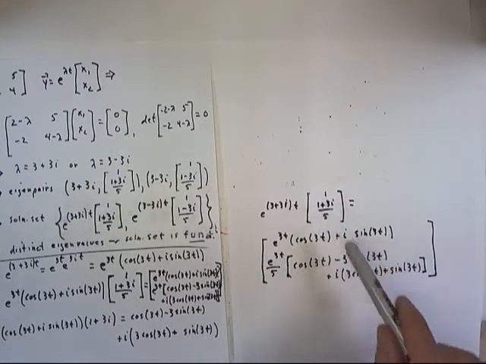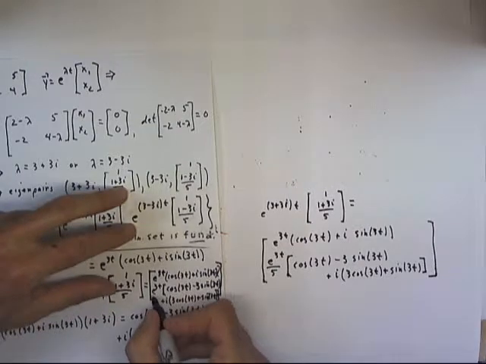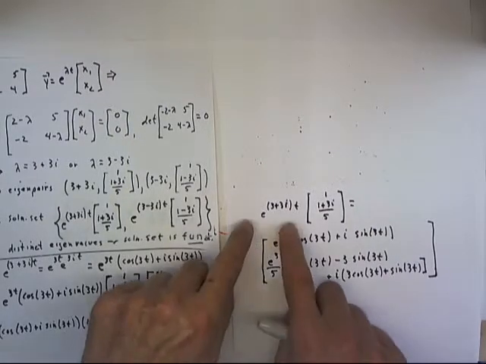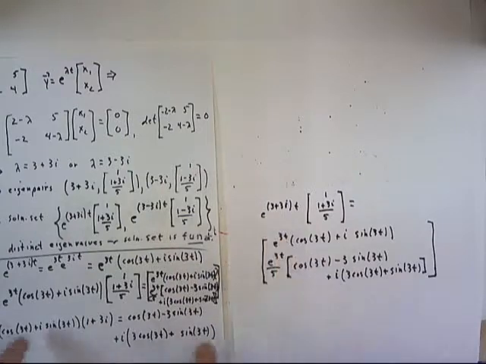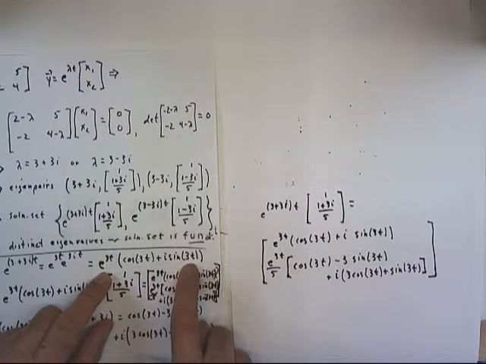Okay, rewritten, we have the same expression here. I forgot to put the division by 5 here, which makes this even worse. But again, simply multiplying this by this, the e to the 3 plus 3i t is e to the 3t times cosine of 3t plus i sine of 3t.